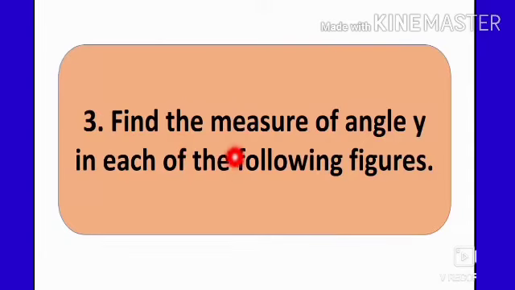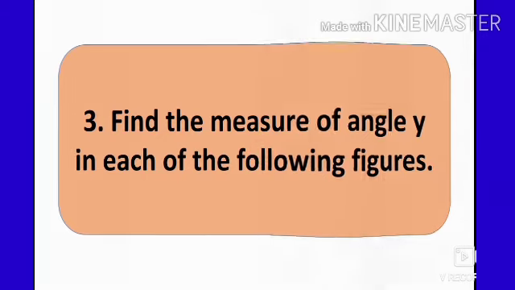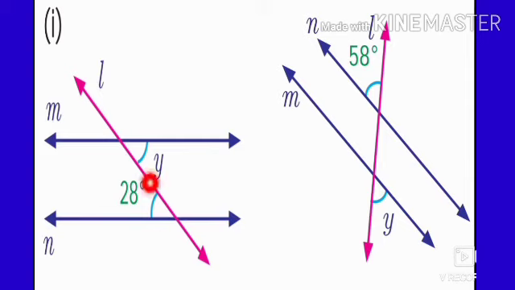Third one, find the measure of angle Y in each of the following figures. Here in this figure, M and N are parallel lines and L is a transversal. And here, what about these angles? Y and 28 degree. So these two angles lie in the interior region, inside the parallel lines.